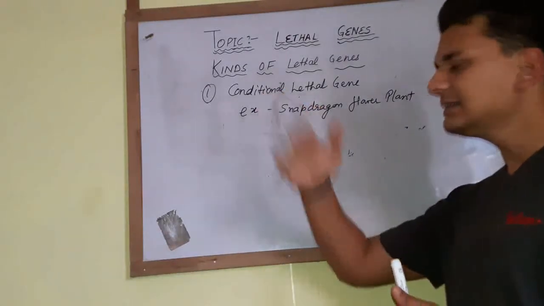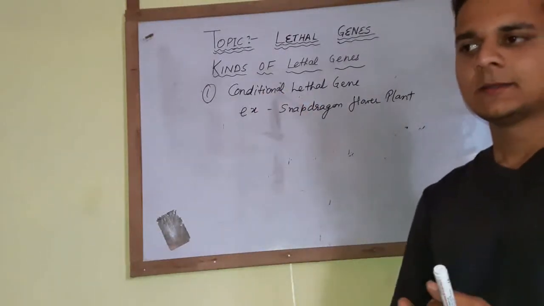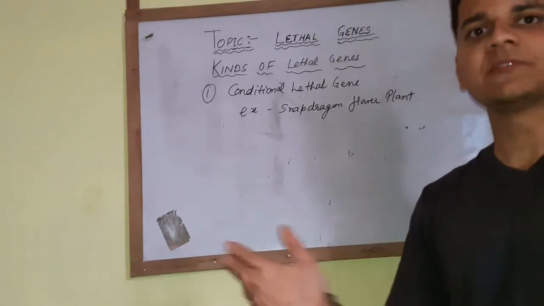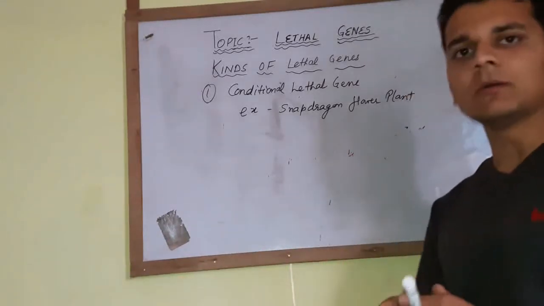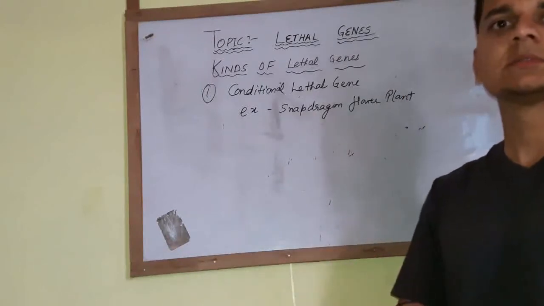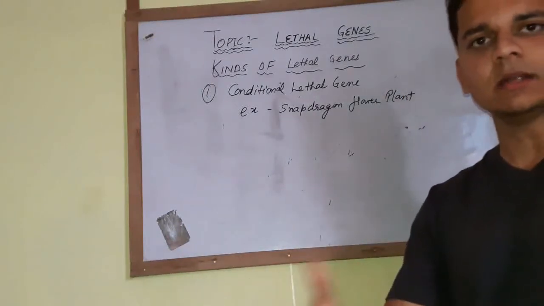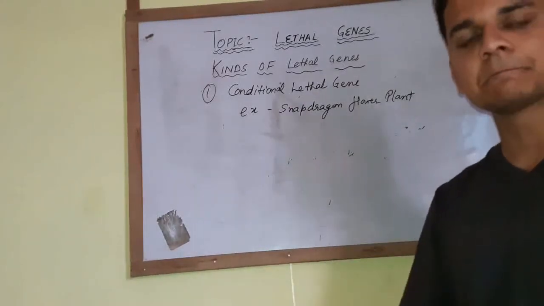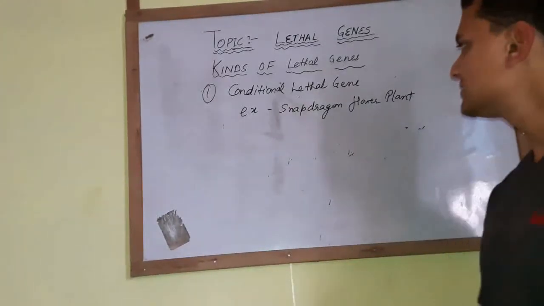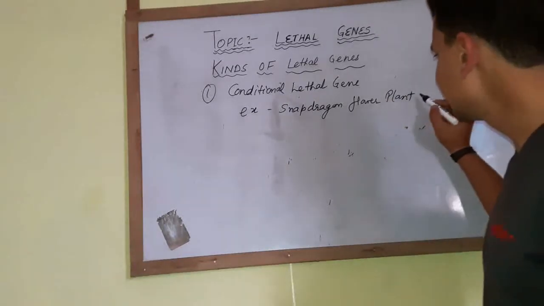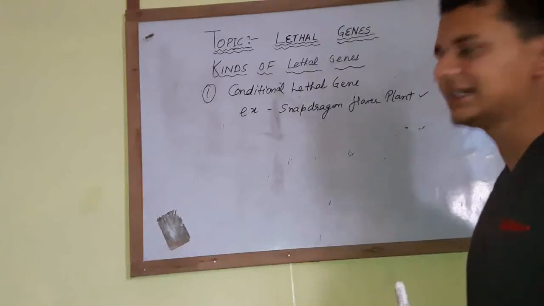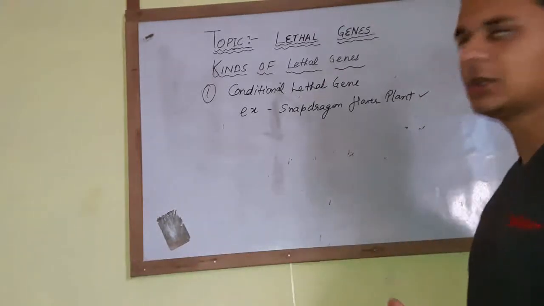The lethality this plant shows is, in certain conditions, temperature or atmospheric condition, this plant shows its lethality, but in certain atmospheric conditions this plant does not show its lethality, right? So that's why this can be called a conditional lethal gene. Certain conditions are there where it will show lethality, or else it will not.